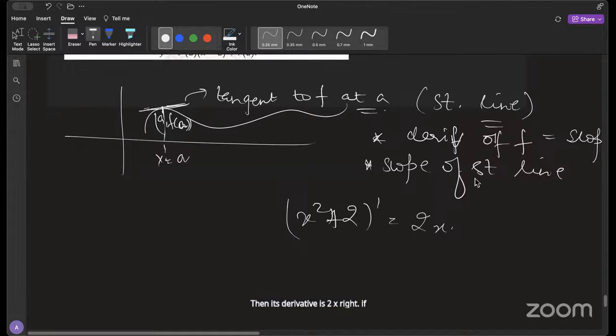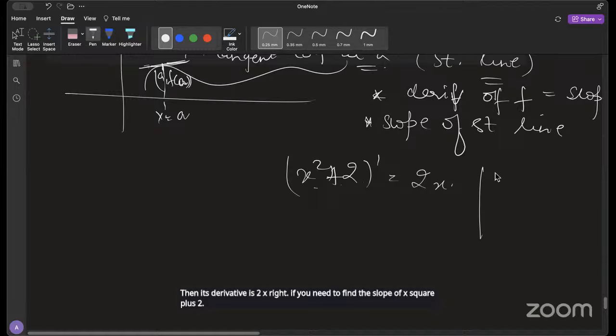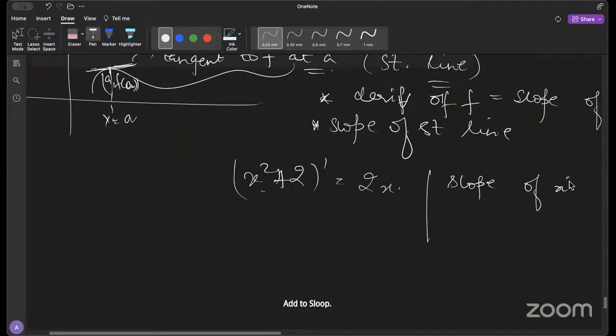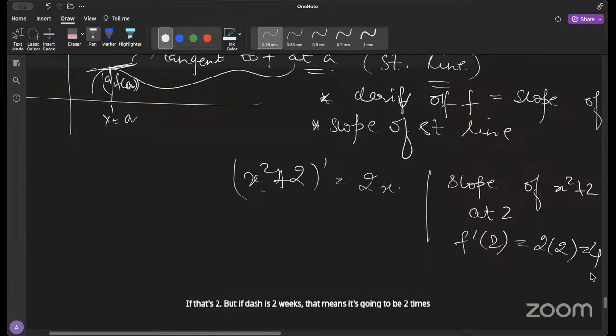If you need to find the slope of x square plus 2 at 2, then it's going to be f dash 2. Your f dash is 2x, that means it's going to be 2 times 2, so it's 4.